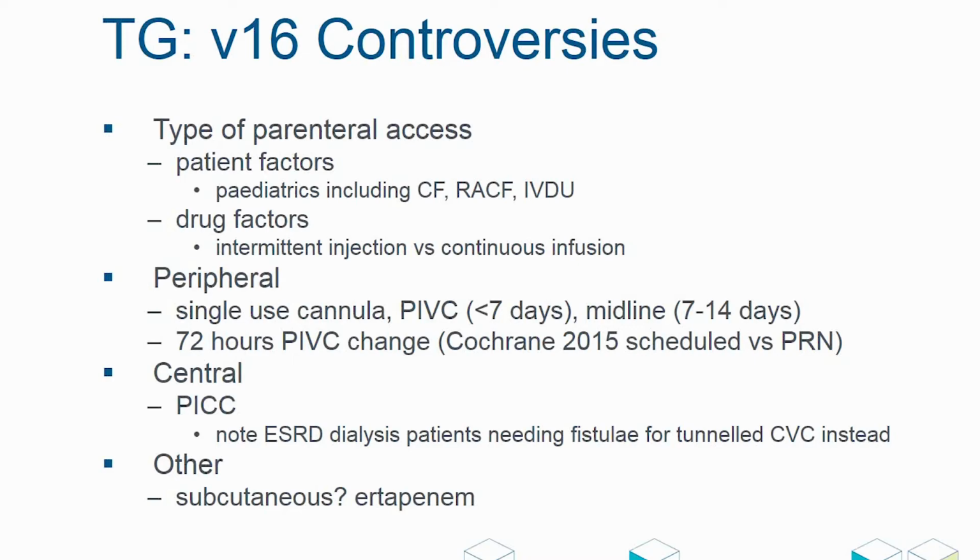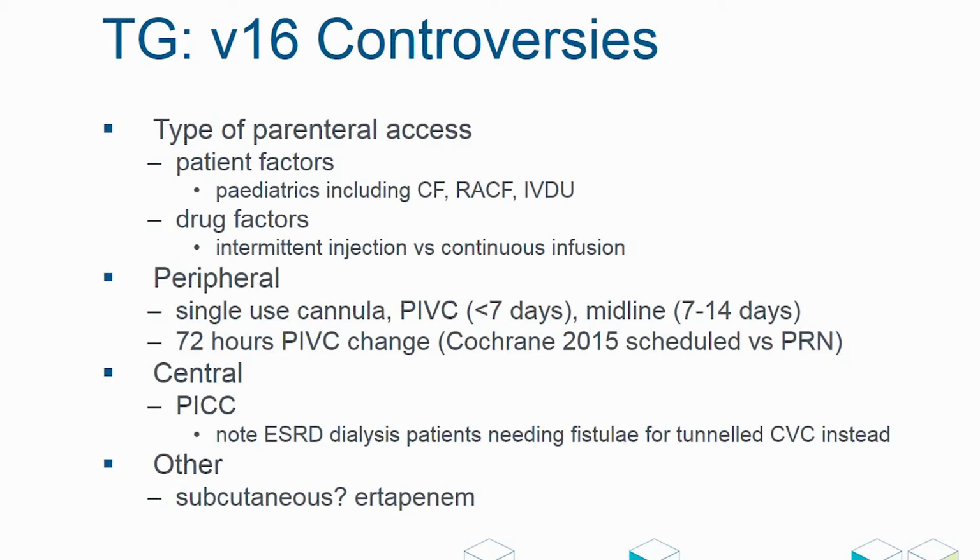The other thing to mention about PICC lines, obviously renal patients need fistulae and should get tunnelled CVCs instead of PICCs. And the other thing about the other route of administration, we've also got intermittent injection, continuous infusion, again related to the PK/PD of the drug itself.